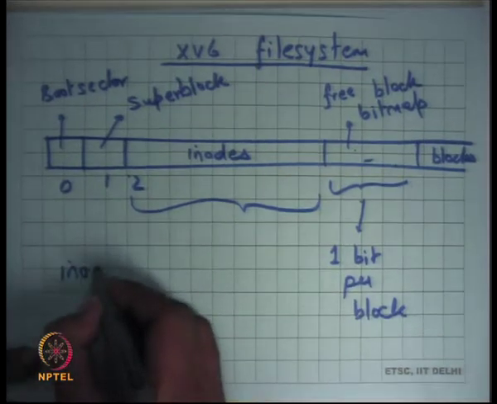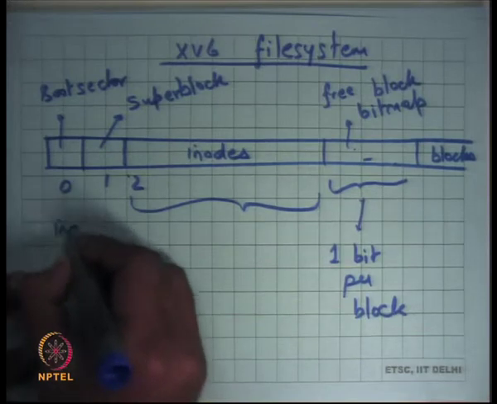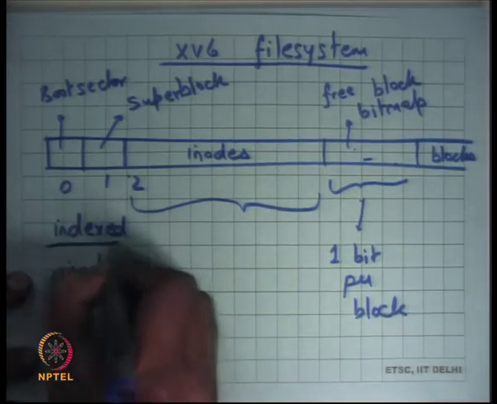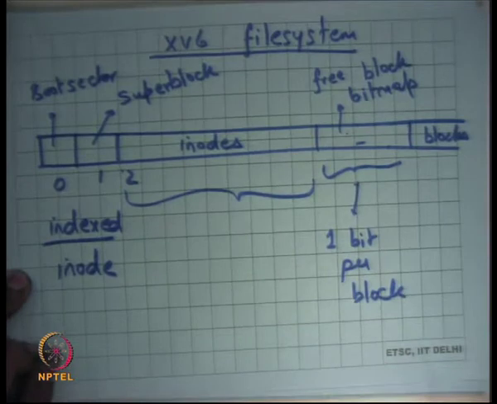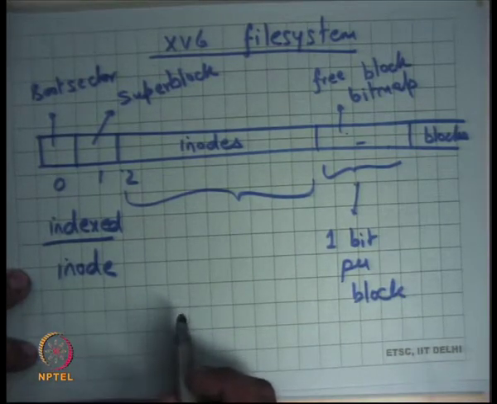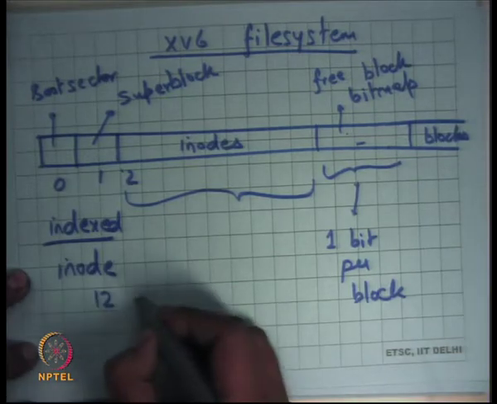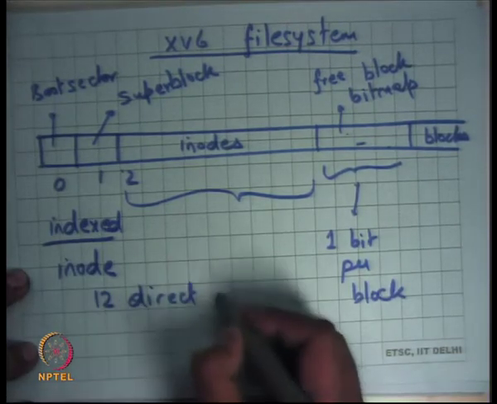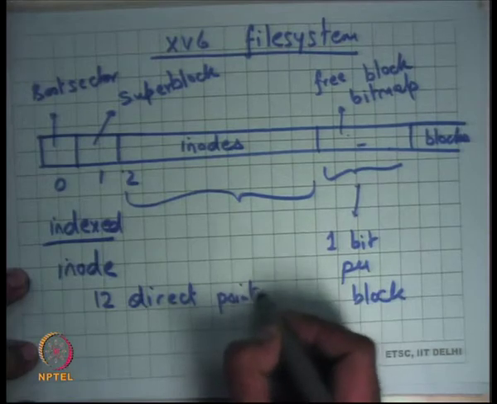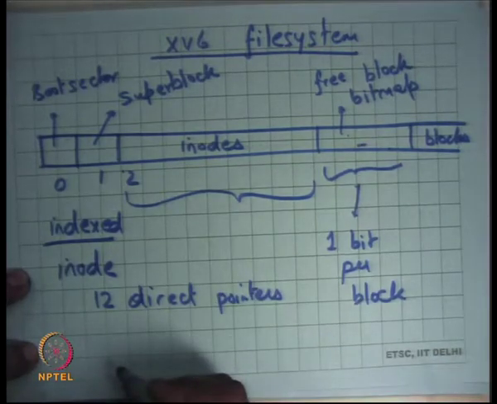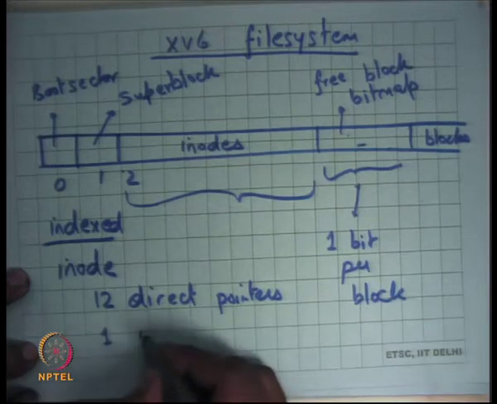So they use indexed files. Right. And the inode structure has 12 direct pointers, right, and 1 indirect pointer.